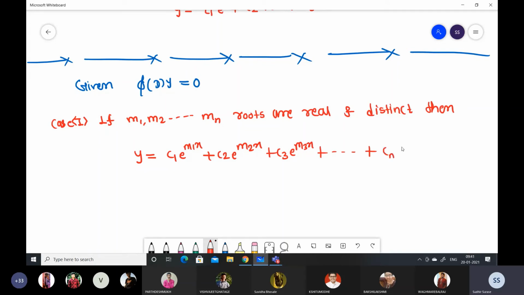For the last root we have c suffix n, an arbitrary constant, e to the power that root m suffix n x. So this is the way of writing the solution in case the roots are real and distinct.